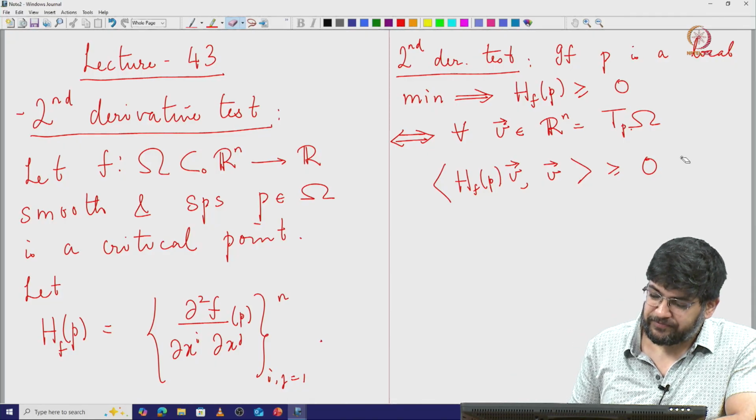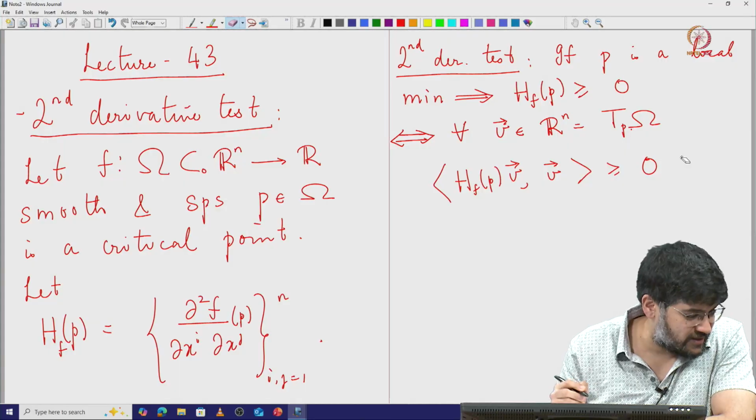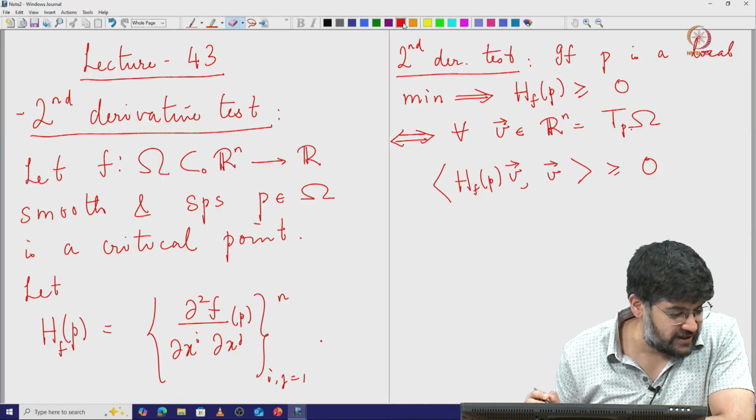This is equivalent to the statement that all the eigenvalues are non-negative.